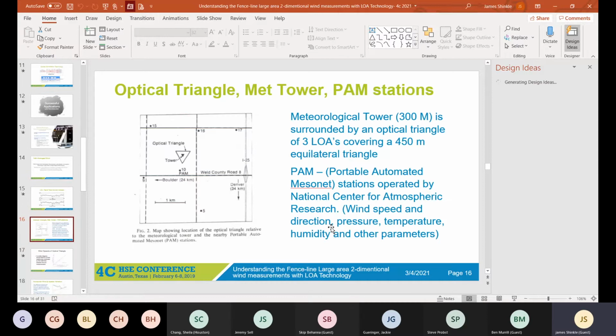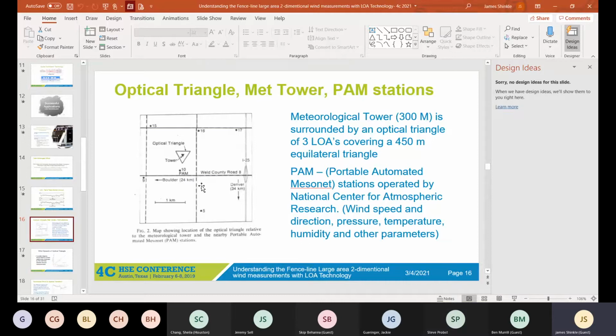This other one is where I think things start to get really interesting when you look at LOA. In this study, we had a Met tower with different heights. We had anemometers at like 10 meters, 50 meters, and 100 meters, I think it was, or 75. Then we surrounded that with 3 LOAs and formed a 450-meter equilateral triangle around this meteorological tower, which is 300 meters.